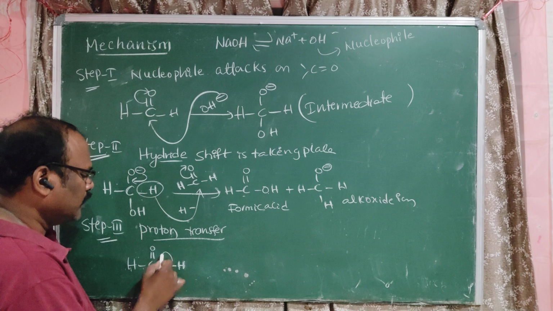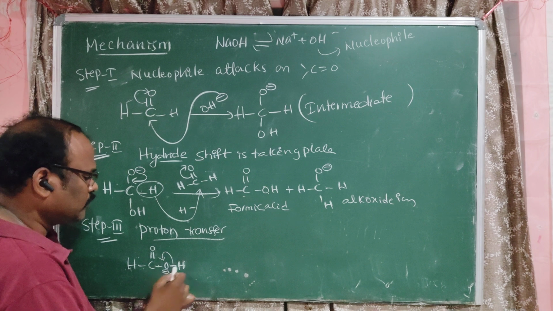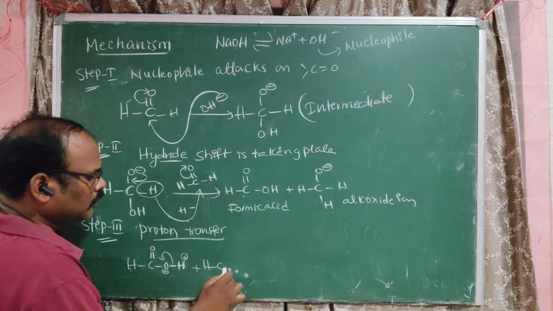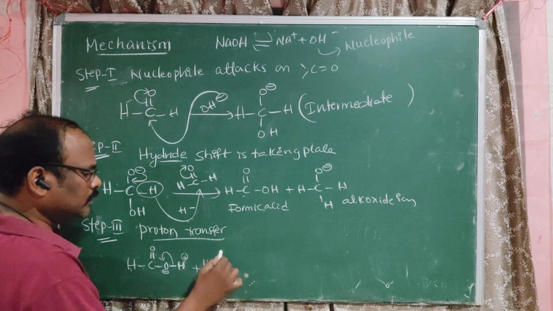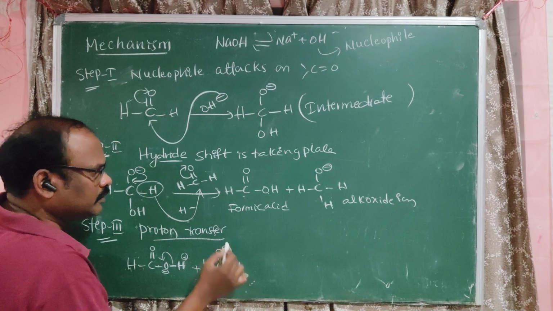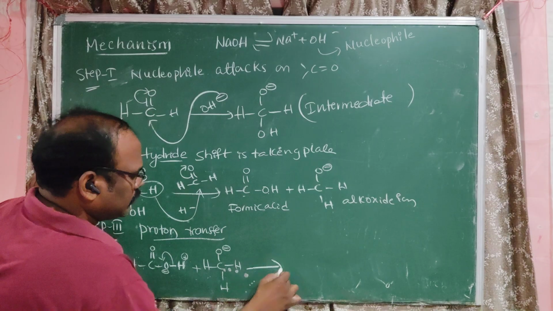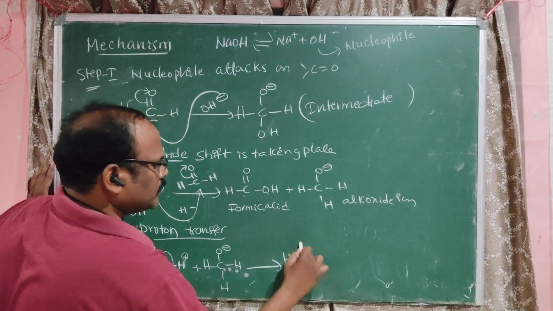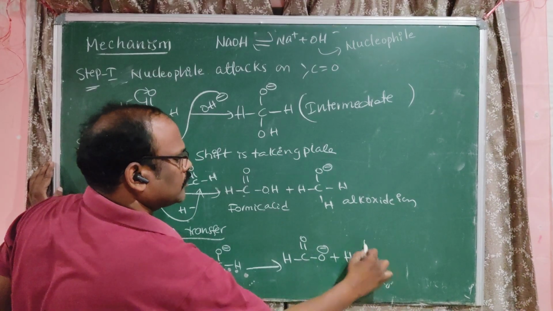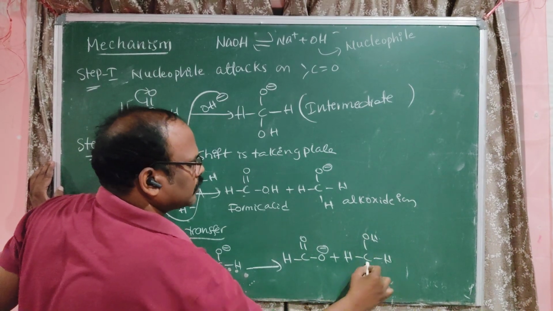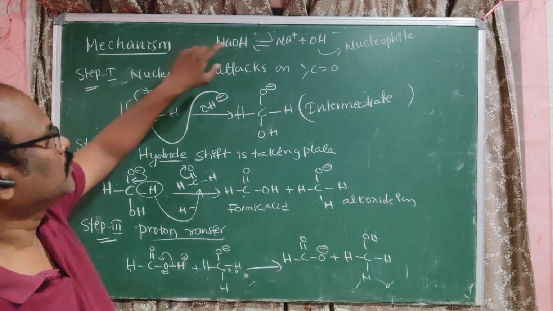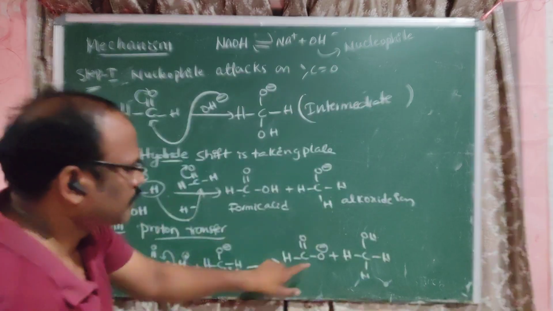These electrons are attracted by oxygen, it gains a negative charge. This H plus is attacked at the negative, electron rich side. So HCOO minus plus CH3OH. Alcohol is formed finally, and Na plus is written here.